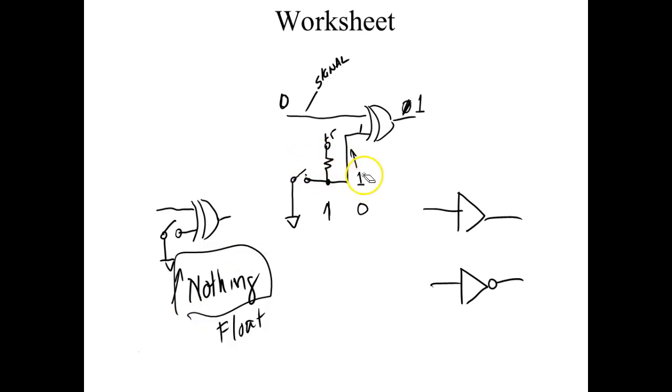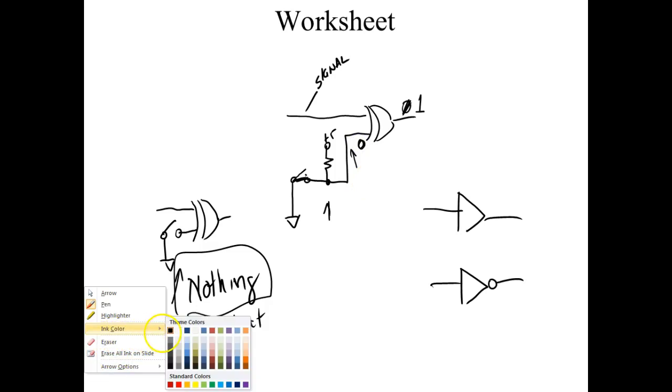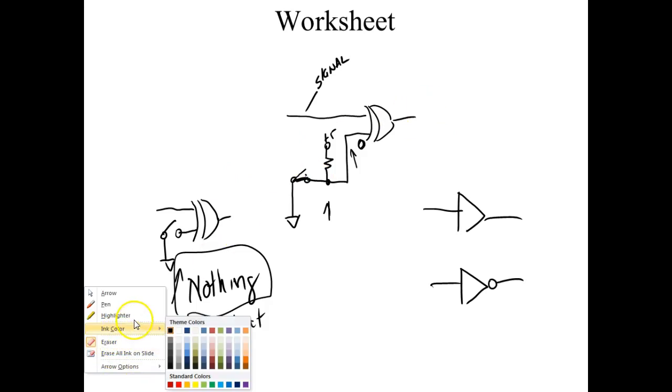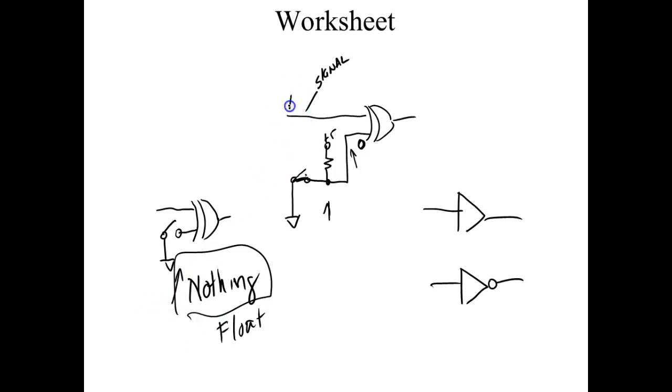So what I'm going to do now is come up here and close the switch. So that's always going to put a what right there? A 0. So now if I put a 1 right here, the output would give me a what?